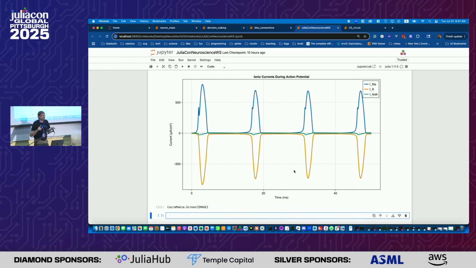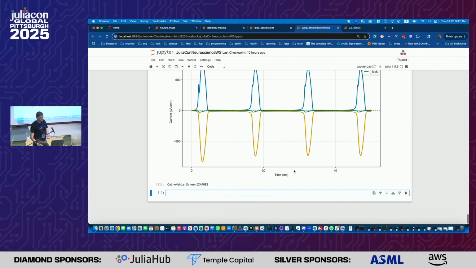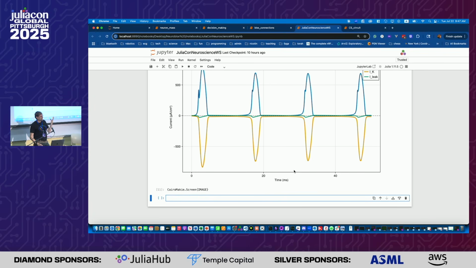You can see that in the action potential the sodium and potassium currents are exactly opposite. So when one is going up, the other one is going down. I think this is the refractory period. This gives you a general sense of what is involved in a neuron.